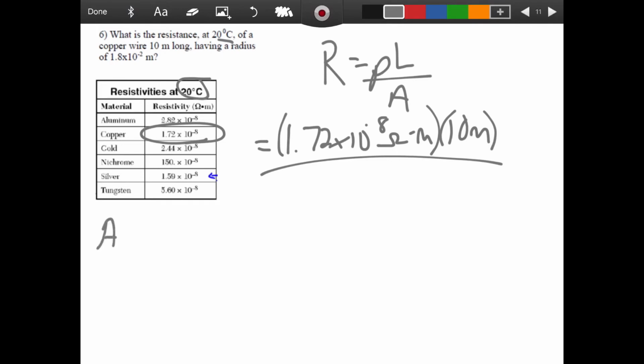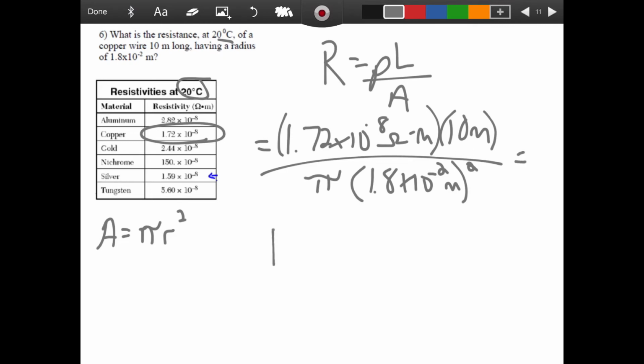Remember, the area for a circle is pi r squared. So we're given the radius, so I'm just going to leave the bottom as pi times the radius squared. Enter that in my calculator, and I should get a resistance of 1.68 times 10 to the negative 4.